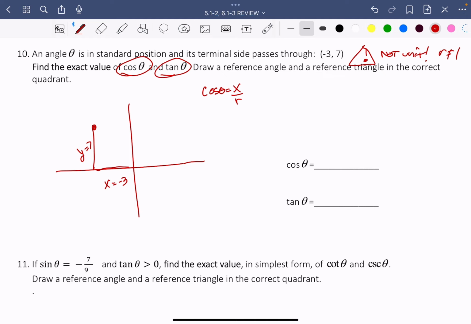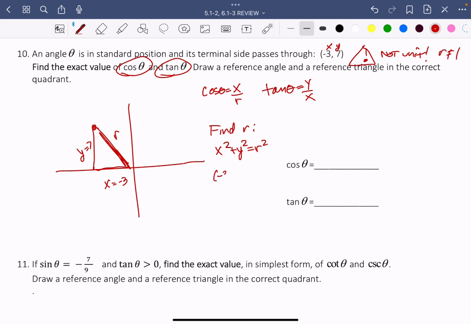So cosine is x over r, and tangent is y over x. So I think if I can find x, y, and r, I'm good to go. Well, here I know x and y, because they gave them to me. I just need to find r. And how do you do that? Well, we find r by using x squared plus y squared is equal to r squared.